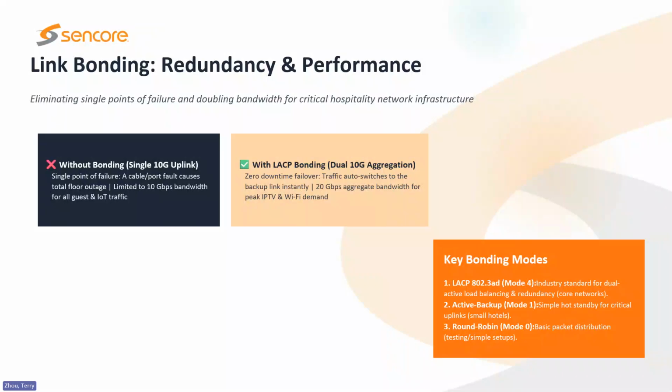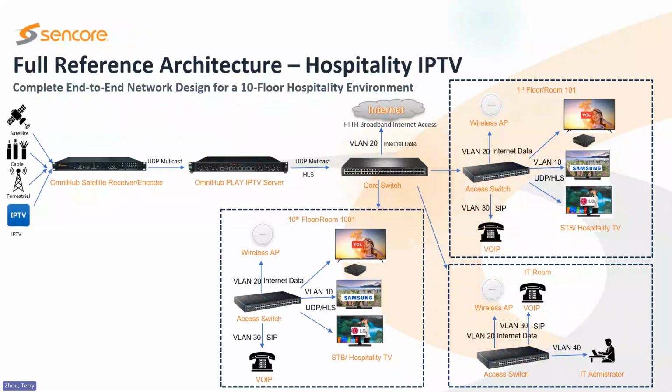Let's have a full review of the entire architecture of the hospitality IPTV system. For instance, we have a 10-floor hospitality environment, and the content is the same. We can receive it from satellite, cable, terrestrial or IPTV sources, and use a 616 as a content source aggregation.